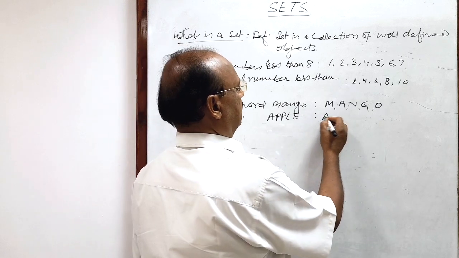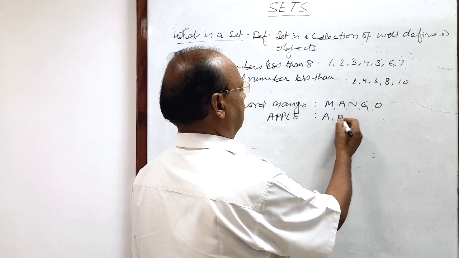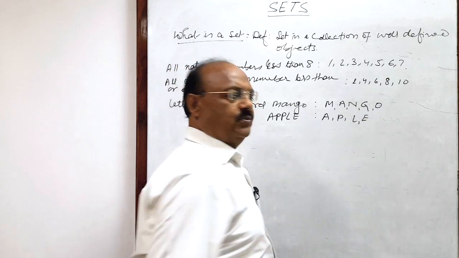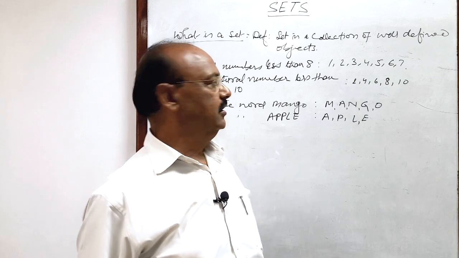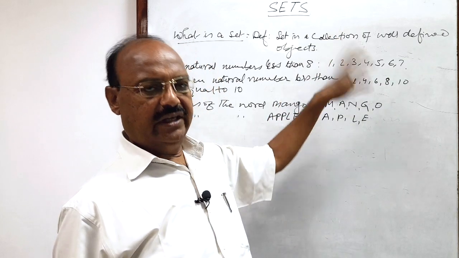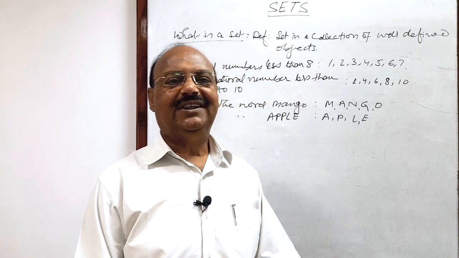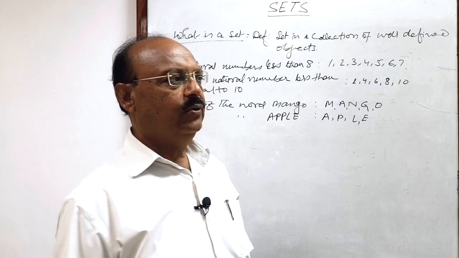So here the set will consist only of these letters A, P, L, E. So any object will not be repeated in any particular set. Now you can understand what a set is. A set is a collection of well-defined objects. Clear? Now we'll see how to represent a set.